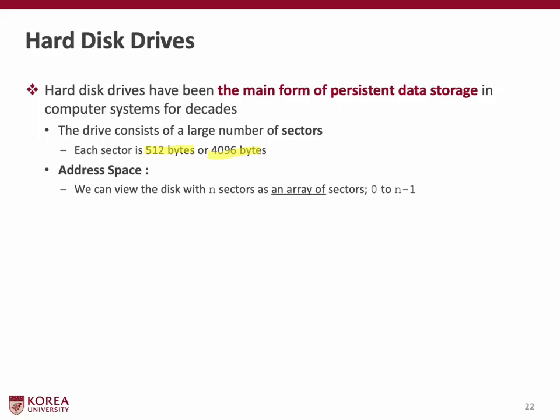And we can think of the disk as a large array of numbered sectors. If the total number of sectors is n, then the numbered sectors will be from 0 to n-1. So the operating system can read or write to any of these sectors to store or retrieve data.